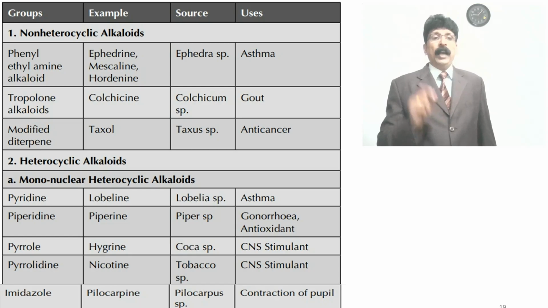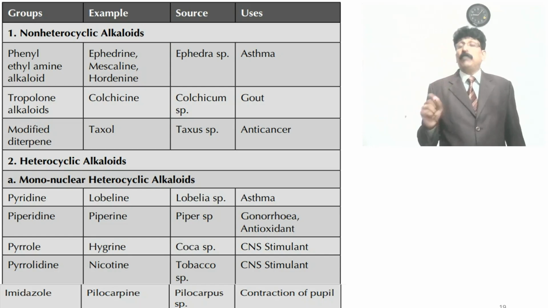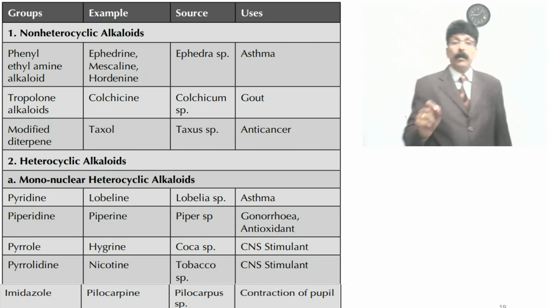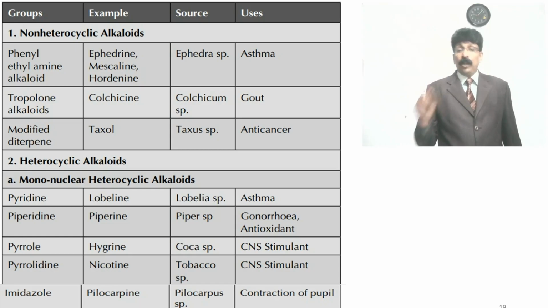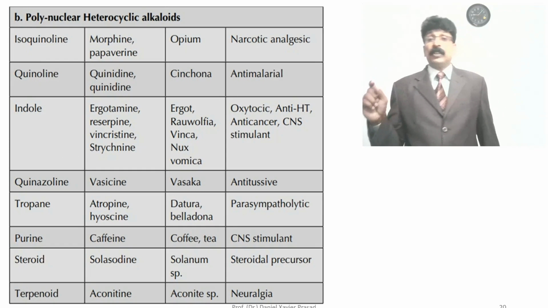Pyrrolidine: hygrine is the example, and it's present in Coca species, a CNS stimulant. And you can say pyrrolidine, nicotine, which is the liquid alkaloid, tobacco species, CNS stimulant. Imidazole, pilocarpine, Pilocarpus species, is used for contraction of the pupil.